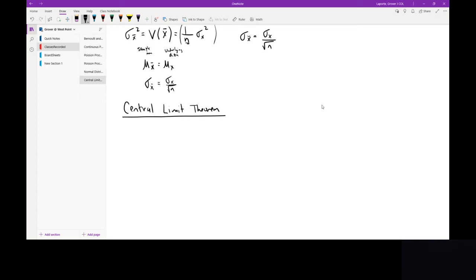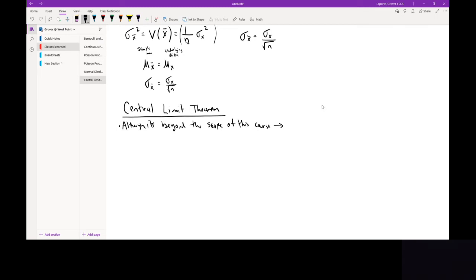Although it's beyond the scope of this course, go take a probability models course or a high-level statistics class, and you will walk through the central limit theorem.